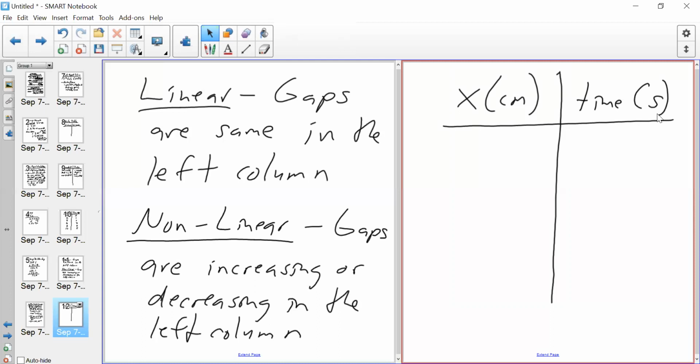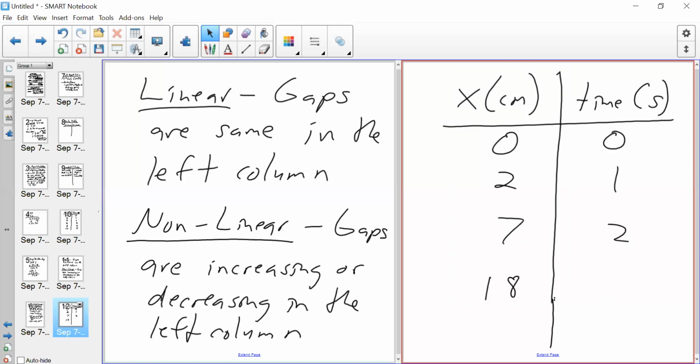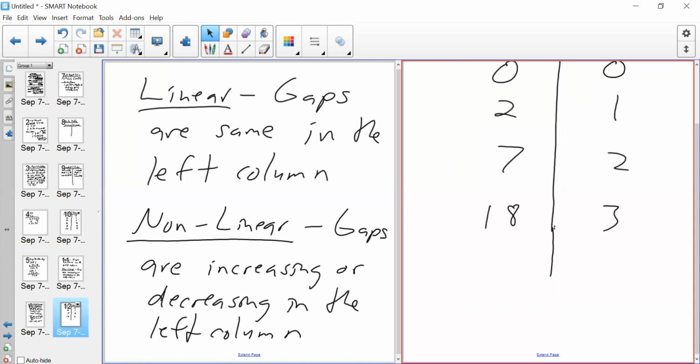Let me show you the nonlinear case. 0, 0, 2, 1, 7, 2. And then you just keep expanding.